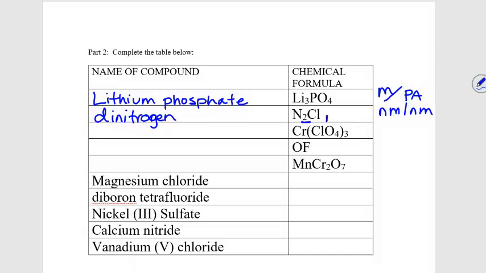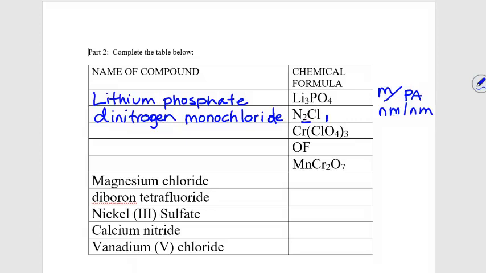There's only 1 chlorine. The second nonmetal always gets a prefix. So this is dinitrogen monochlorine. But when it is binary and there are only 2 elements, we go 2 vowels in, drop the I-N-E, and change it to I-D-E: dinitrogen monochloride.